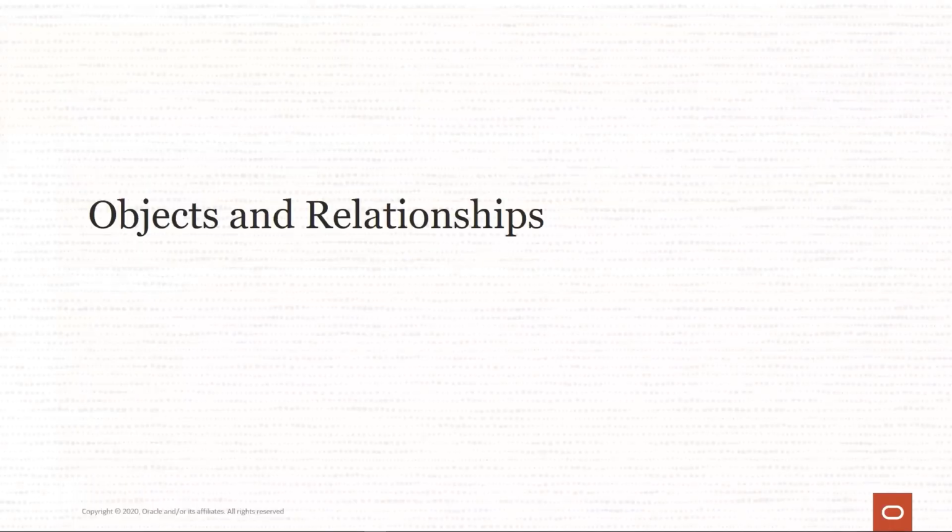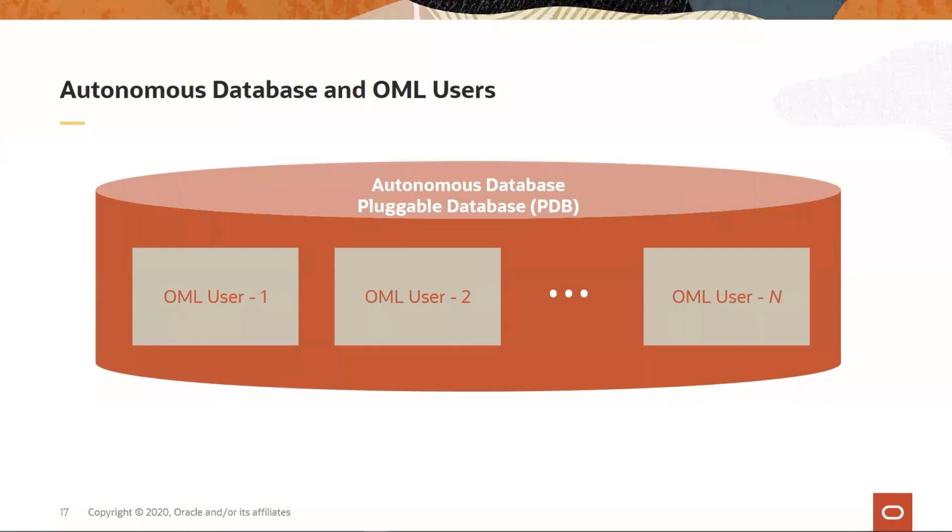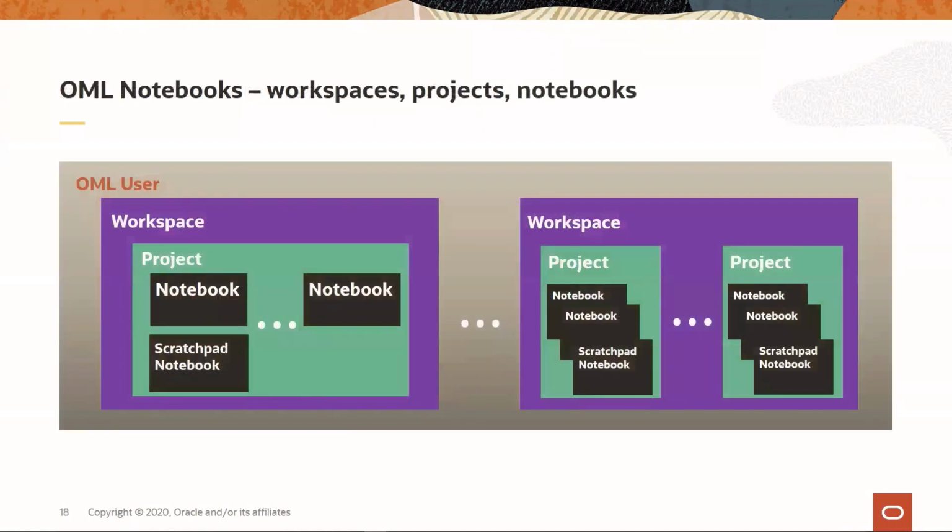So, objects and relationships. In the autonomous database, we have OML users that are created. And so each OML user is going to get his or her own schema in that autonomous database. So what's inside each of these? Well, an OML user can have one or more workspaces, and a workspace is really the unit of sharing, and we're going to talk more about that later.